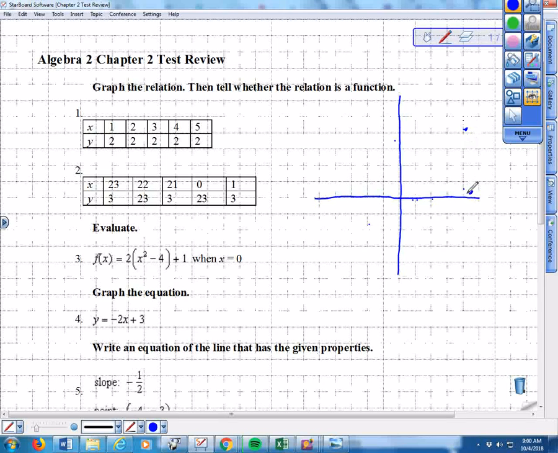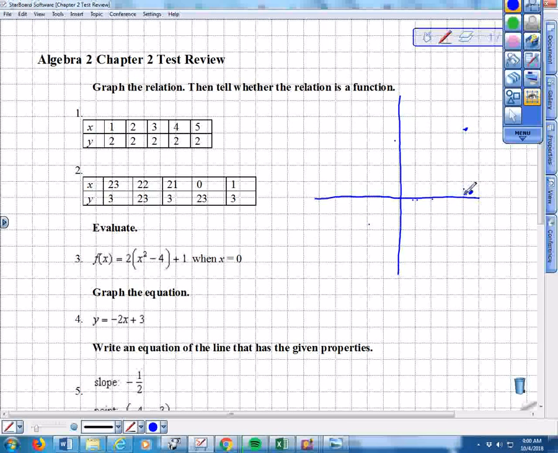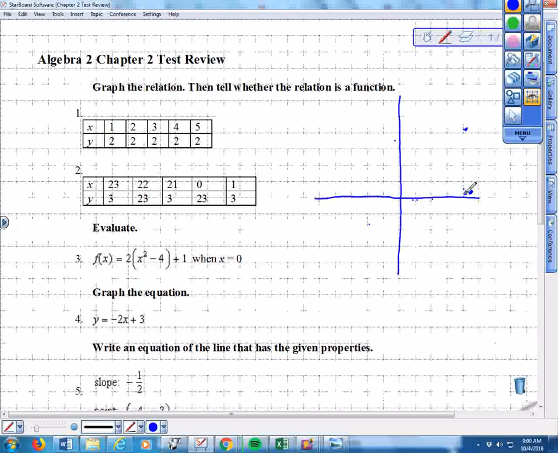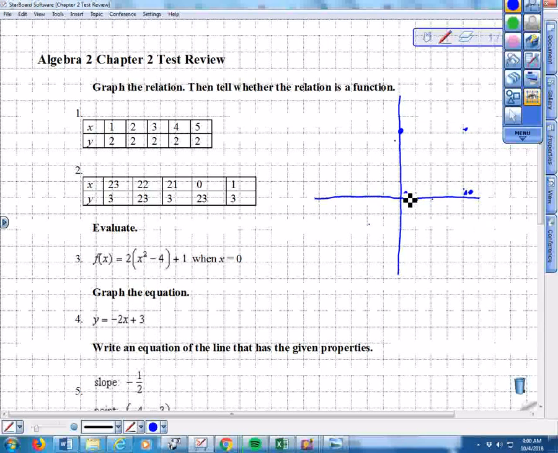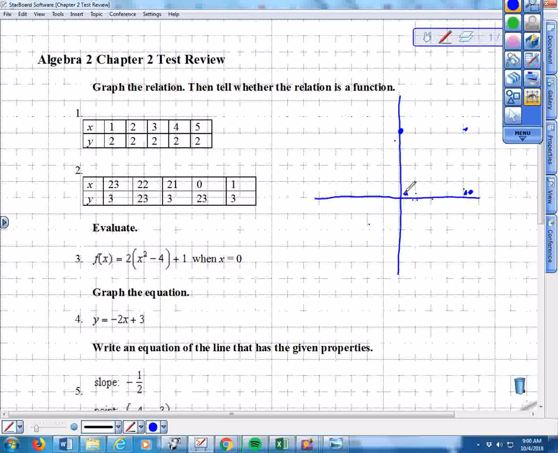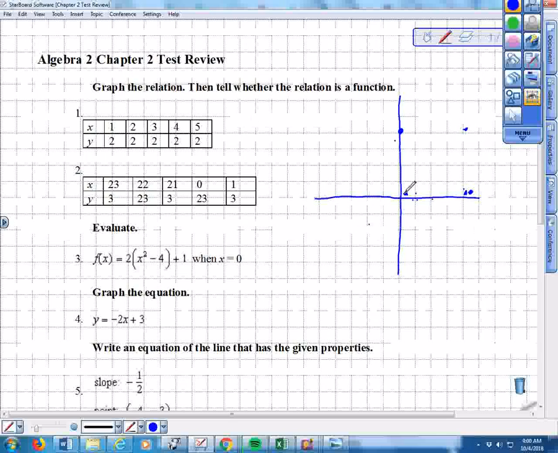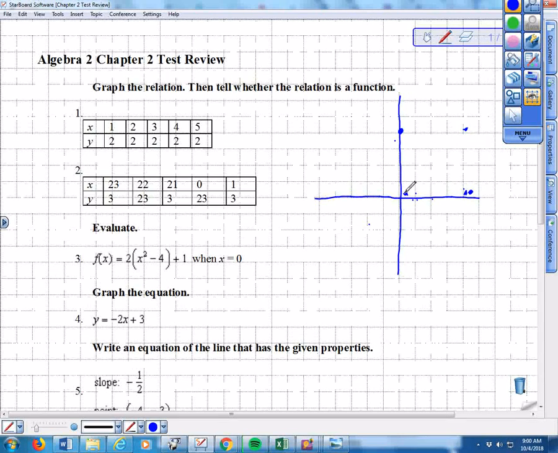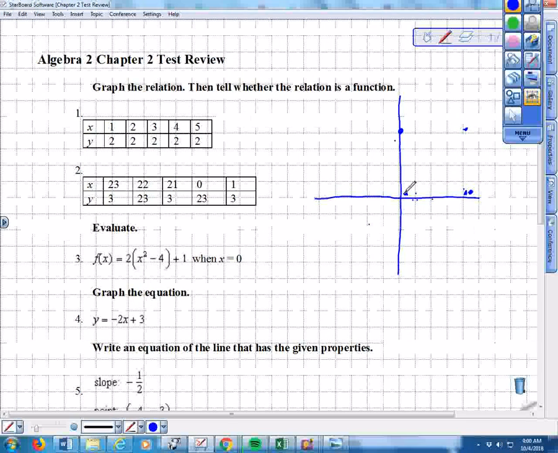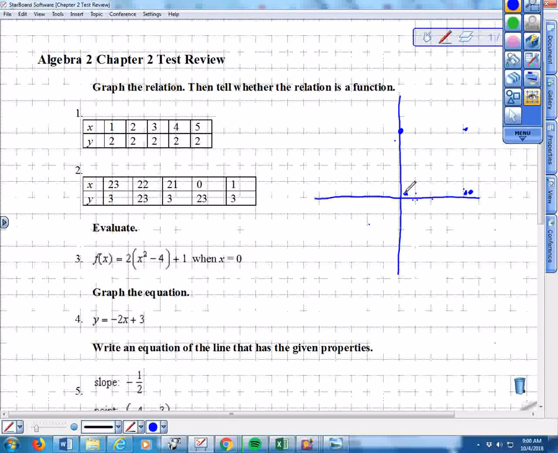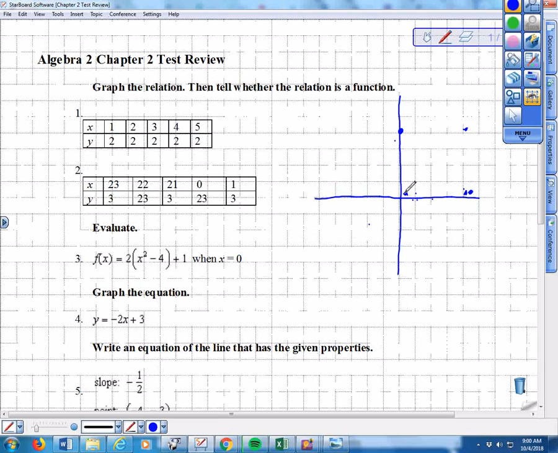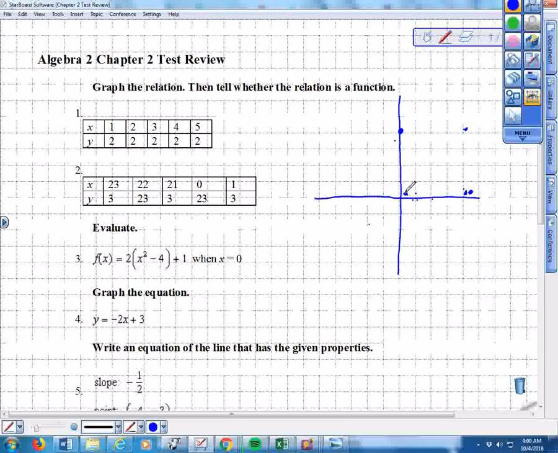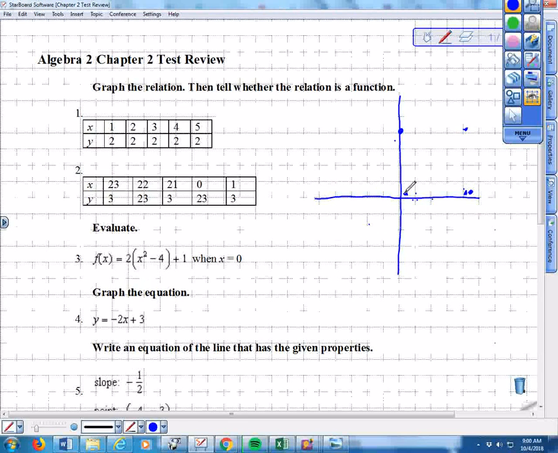It's going to be down here. (0, -3). And (1, 3). Okay, so what? Yeah, it's still a function. I didn't repeat any x values. That's another way you could look at it. Okay, because if I had one x value mapped to 2 different points, it would definitely not pass the vertical line test, because I'd have 1 point with 2 y's.